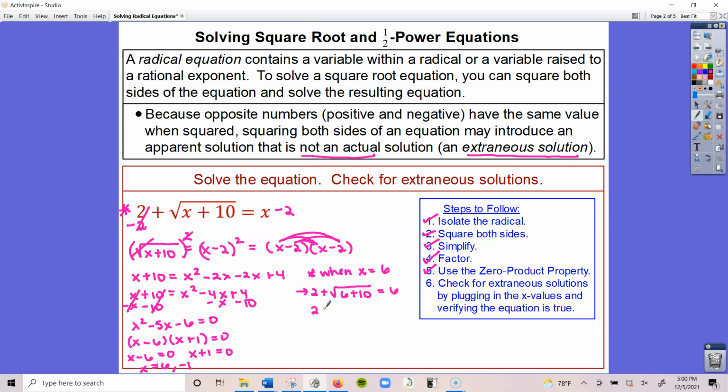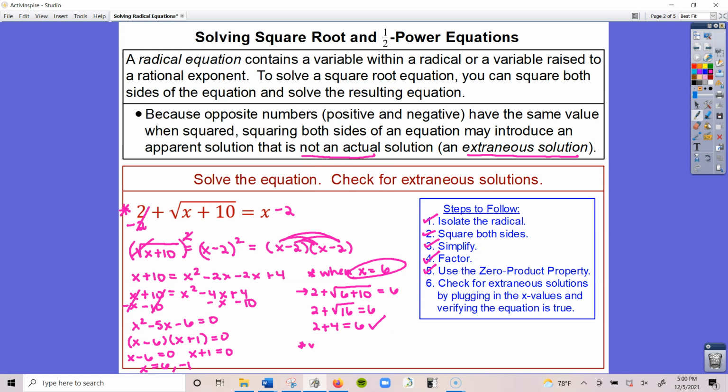We got here 2 plus the square root of 16 is equal to 6. 2 plus square root of 16, which is 4, equals 6. 2 plus 4 does indeed equal 6, so this is true. So this is a solution.